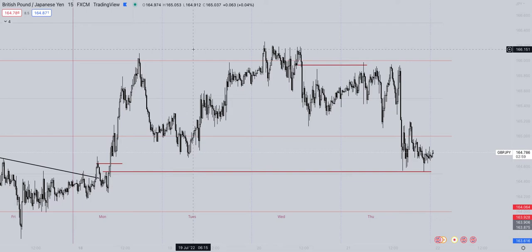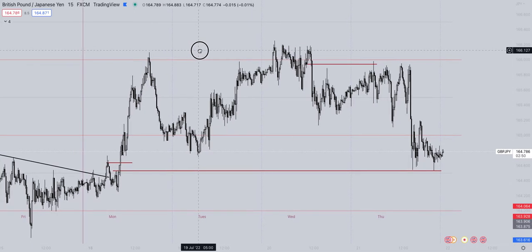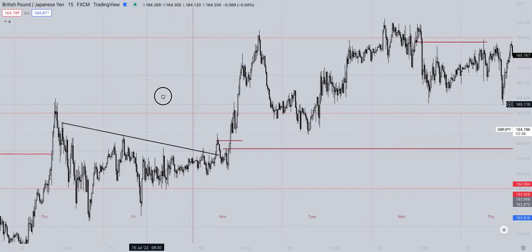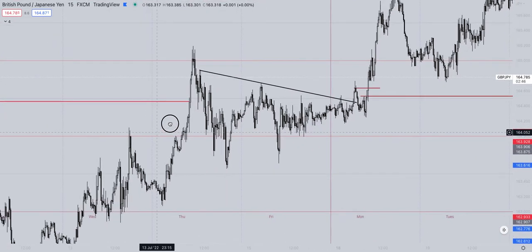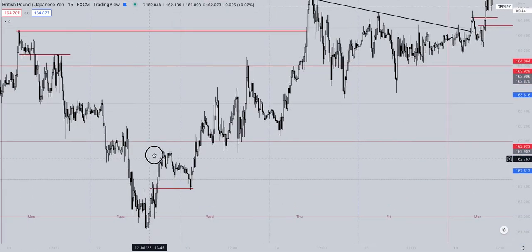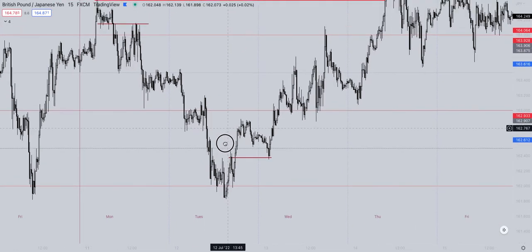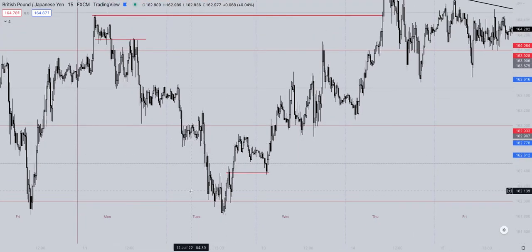There's pretty much four main styles of peak formations. Literally the only way to get used to them or to figure out what they look like is to go through the charts and study the highs and lows. For instance, here we can see this was the low of the week.